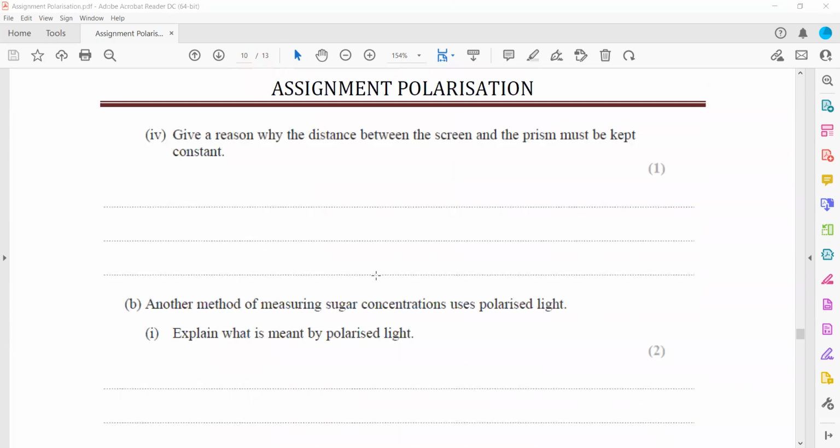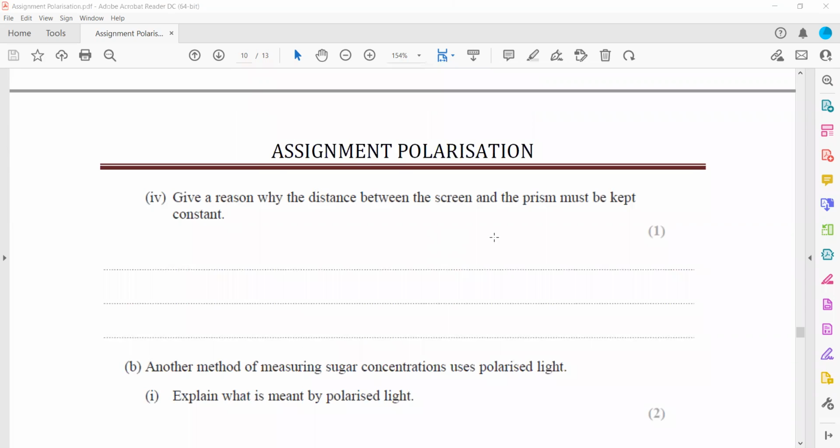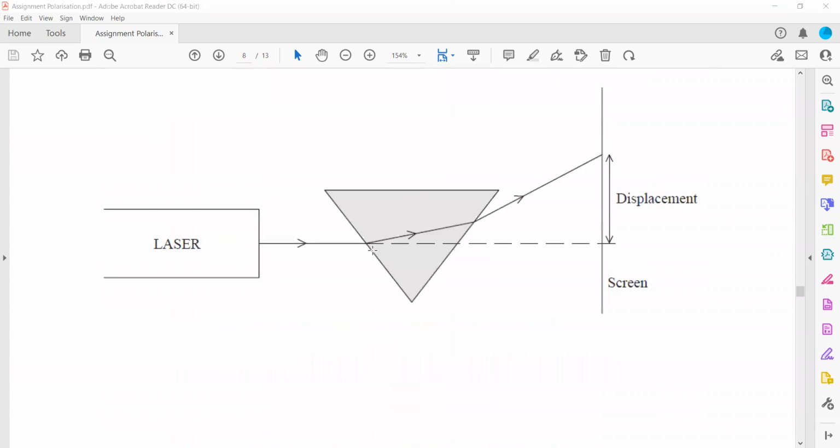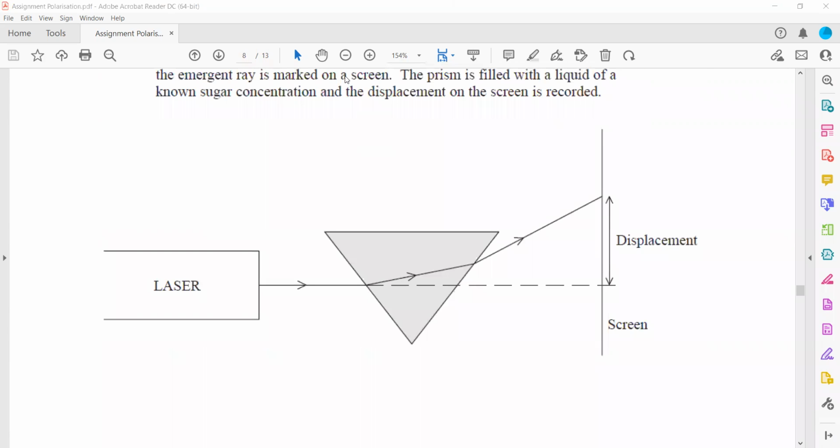Then give a reason why the distance between the screen and the prism must be kept constant. The position or the distance between the screen and the prism must be kept constant. Because if we change the distance between the screen and the prism, it will affect the displacement.